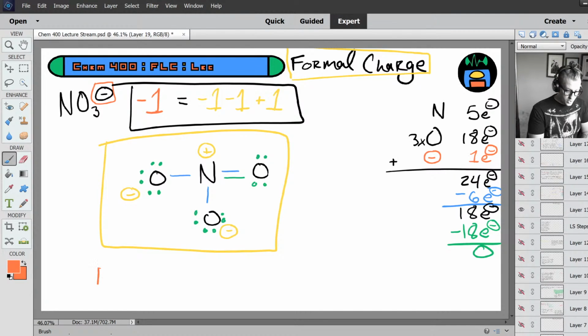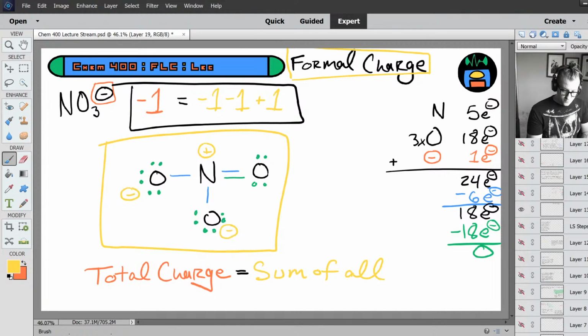All right, the total charge of an ion is always equal to the sum of all formal charges.